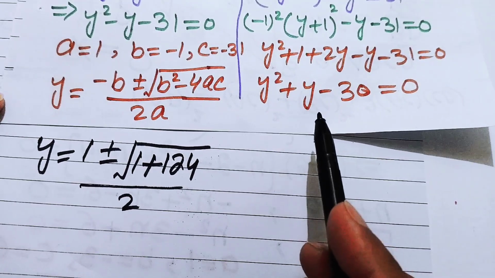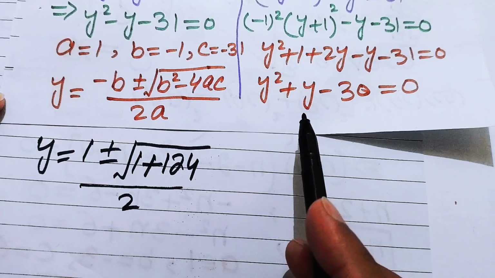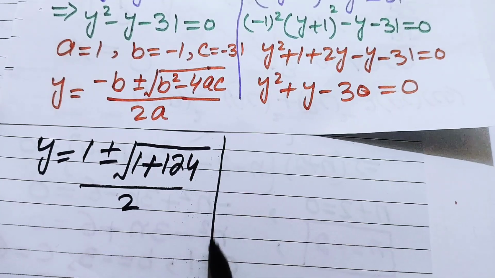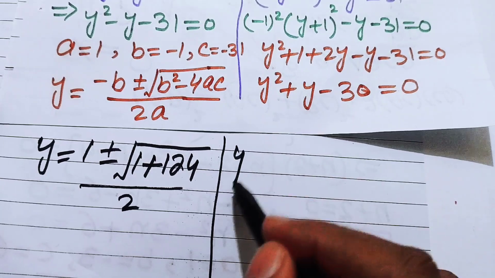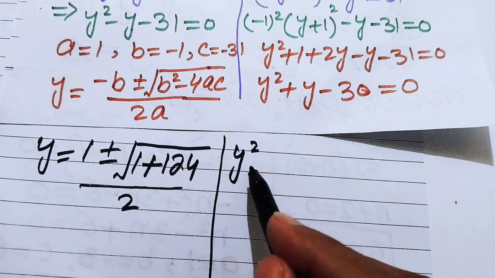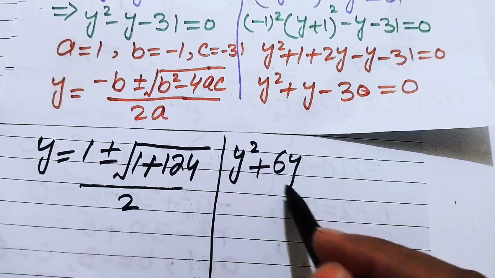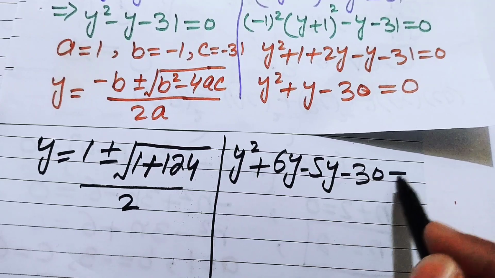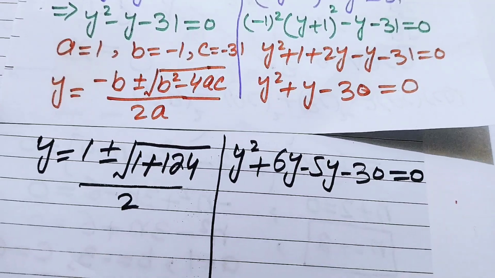So in this case we need to make the factors of this equation so that we can easily find the factors of this equation. So we have the factors of this equation are y square plus 6y minus 5y minus 30 equals to 0.